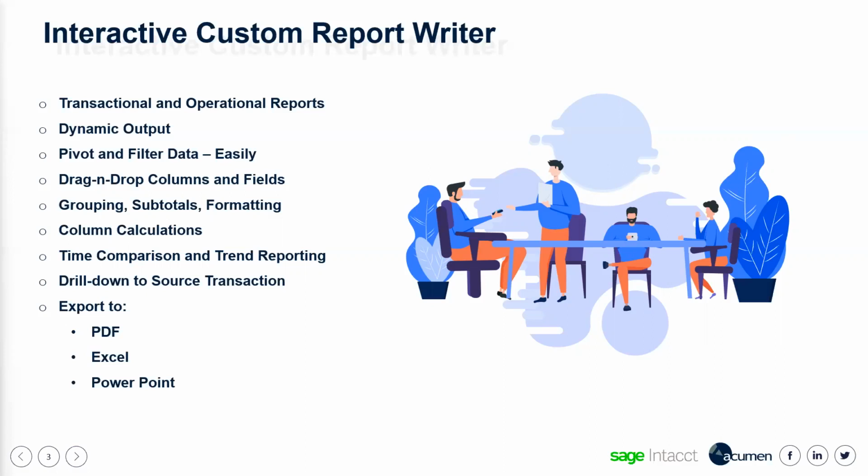We're moving in technology today to a place where we want more business intelligence, and we really want to be able to look at our businesses in different ways and leverage the power of the data and especially the dimensions in Intacct. And so when I want to do that with transactional and operational reports, the Interactive Custom Report Writer, or ICRW, we use an acronym just like we do for everything else here at Acumen, ICRW is a really good fit.